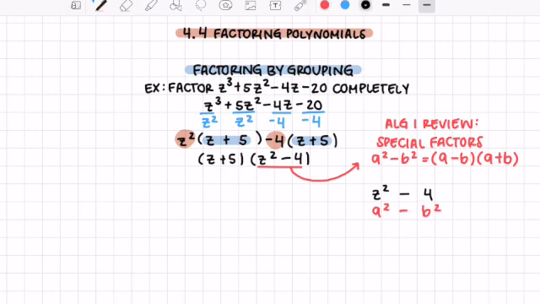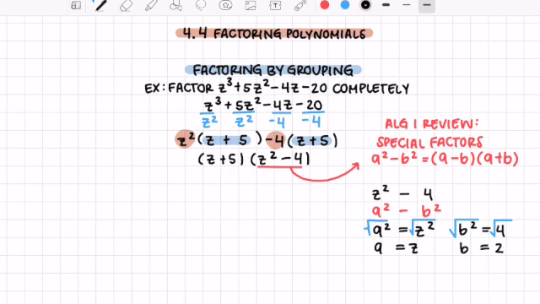So our a squared would be the z squared, and our b squared would be the 4. So from here, to get rid of these squares, I'm just going to square root both of them. Same thing to the b and to the 4. And when I do that, I'm left with a equaling z and b equaling 2.